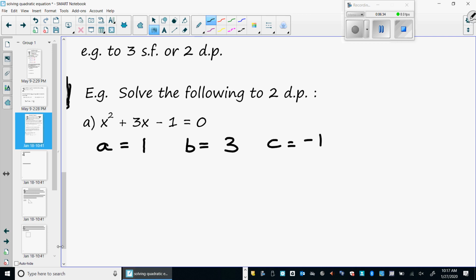Now, when it says minus B, we look at the value of B, and it's going to be the opposite of the value we have. So we have positive 3, so we're going to write x equals minus 3. Okay? Because we had positive 3, we're going to write negative 3. Why? Because the formula says minus b.